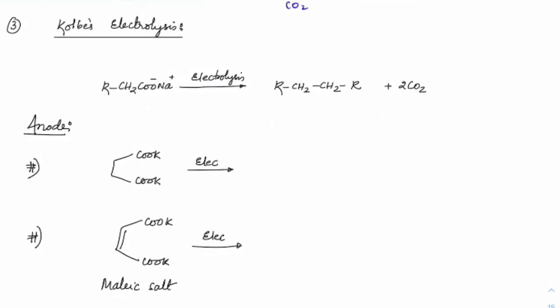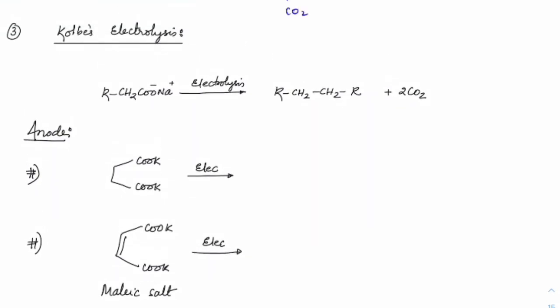Kolbe electrolysis also you have come across. So let me just repeat that. If you have electrolysis of RCH2COO minus, we will get a coupled product of alkanes.